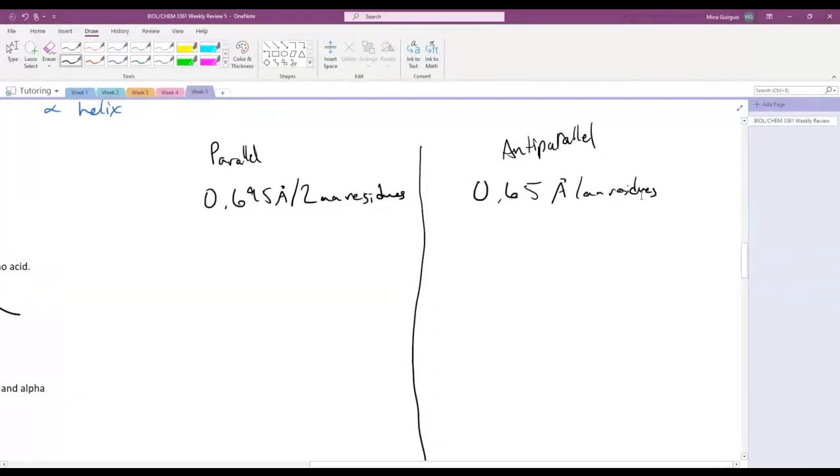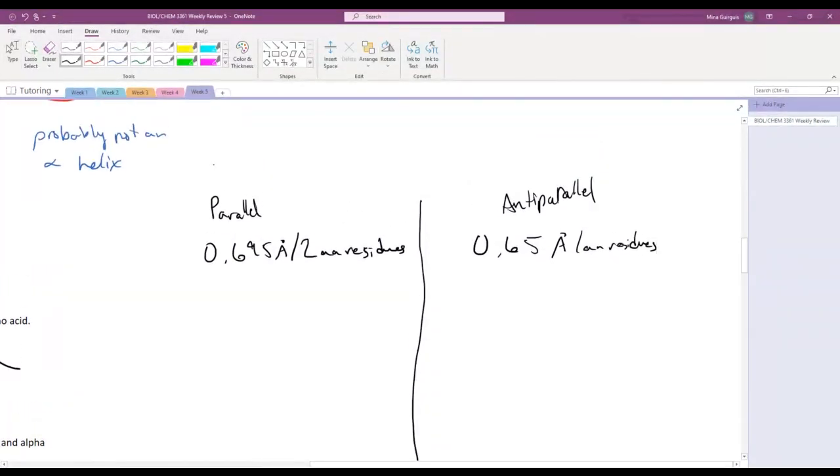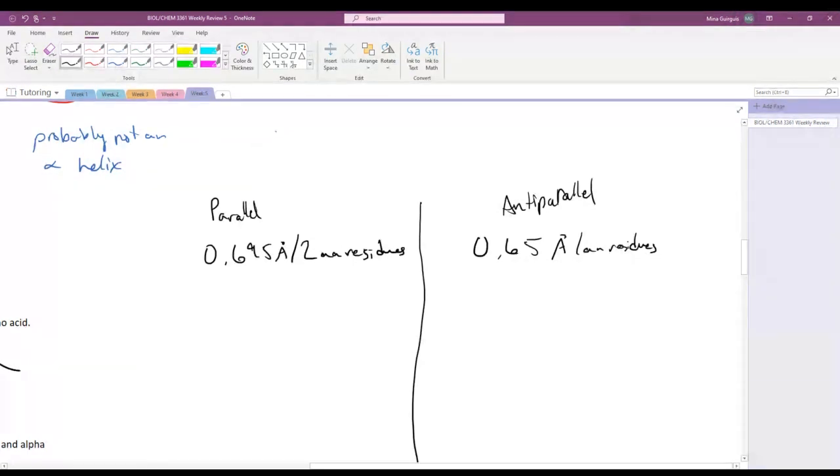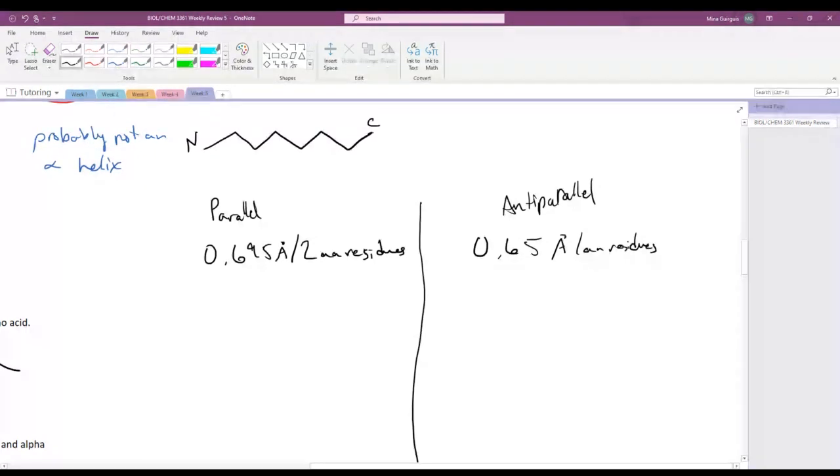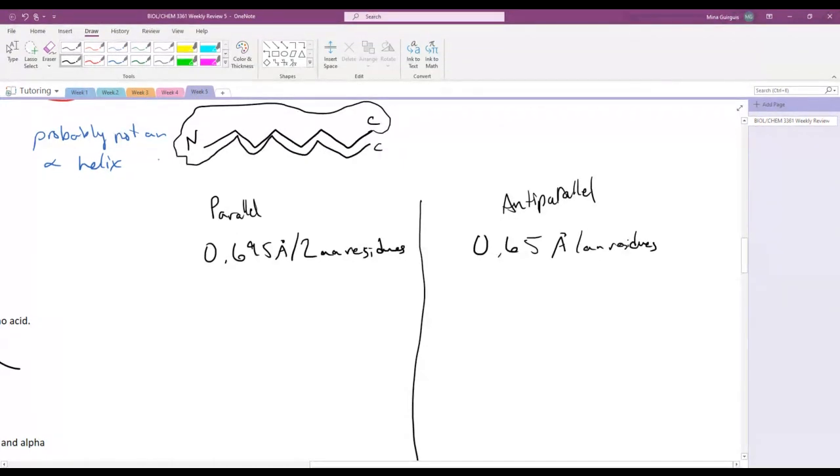So how does that look in 3D? Well, maybe a parallel. Oh, and I should explain parallel and antiparallel. I did that last week, but I'd like to talk about it this week because not everyone was here. So if this sheet has N-terminus here, C-terminus here, then on this C-terminus side, maybe you get a bunch of amino acids over this way, and then the sheet starts again. So this is the C-terminus of the second sheet, and this is the N-terminus of the second sheet.